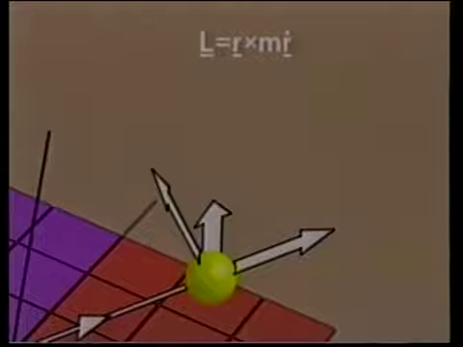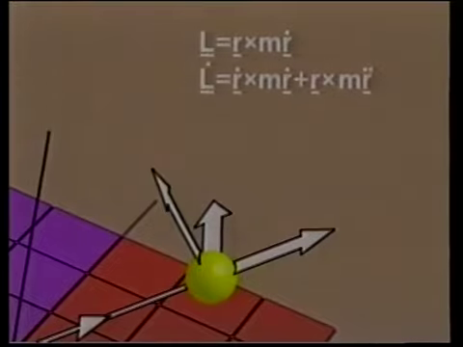What does this equation tell you about how L varies with time? Well, to find that out, you need to differentiate it. The right-hand side is a product, and using the product rule gives you this. But m r double dot is just equal to the force. And because we're dealing with a central force, that's just g times the vector r.